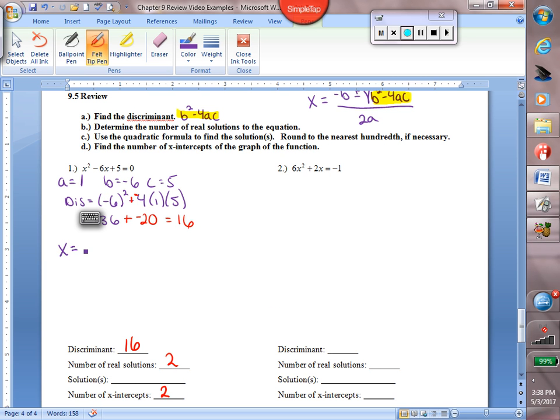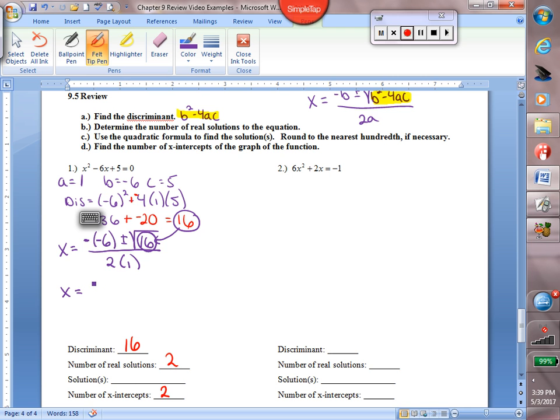X equals negative b, so here's the negative that's in the formula, then here's the negative for the 6, plus or minus the square root of 16. Remember, the discriminant is the same number that's underneath our square root in the formula, all divided by 2 times a.